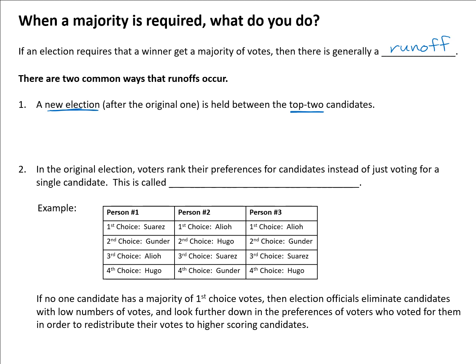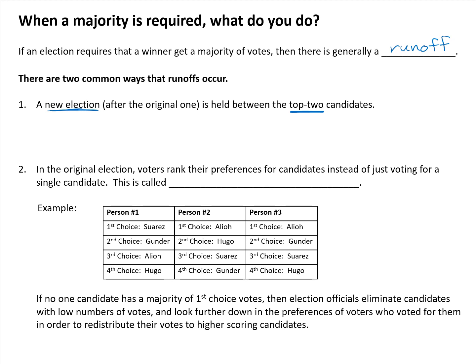In fact, in Portland, we do this when we elect a mayor. In May, we may have 5 or 10 candidates running for mayor. And then if no one gets a majority of the votes, we go to a new election in November with just the two top vote-getting candidates.